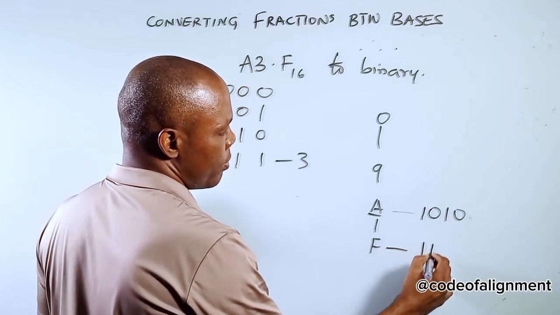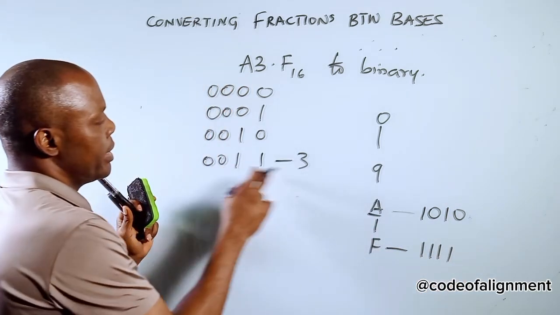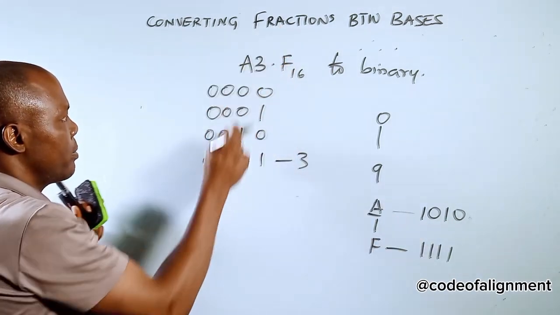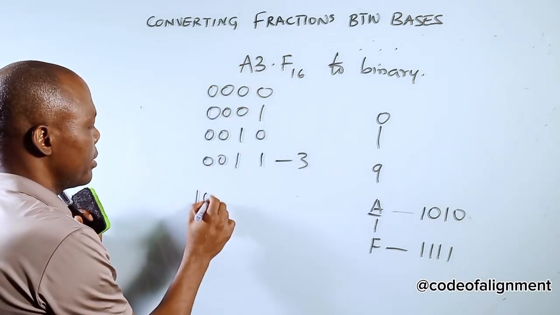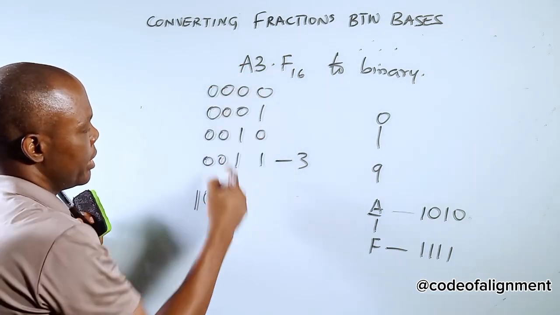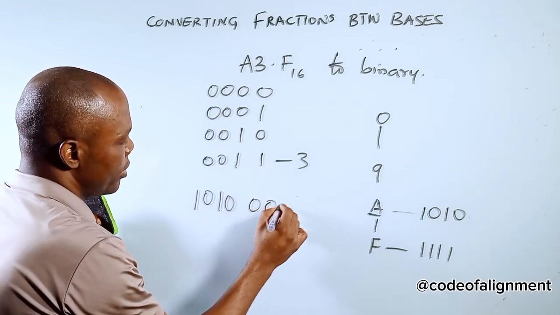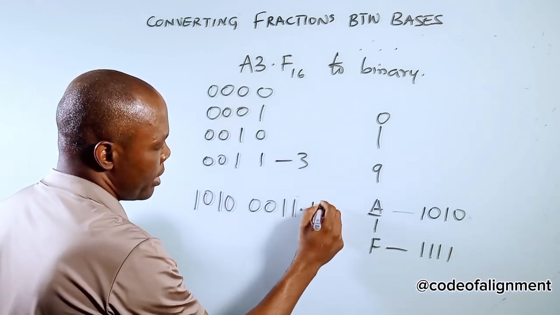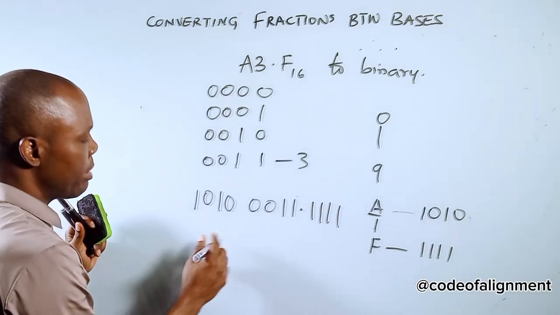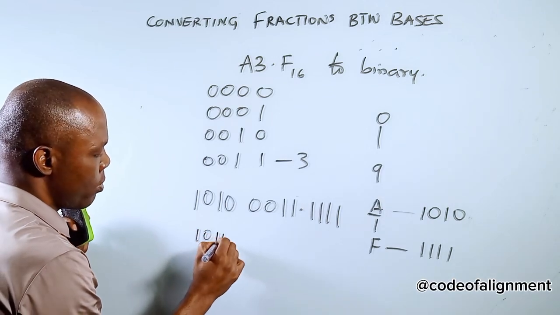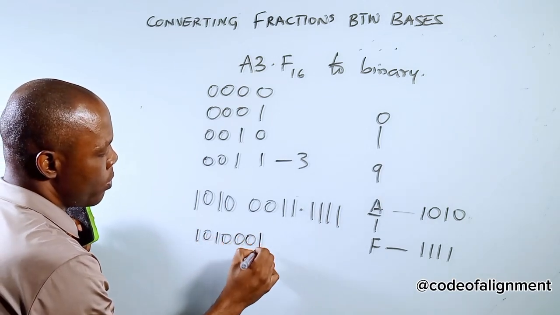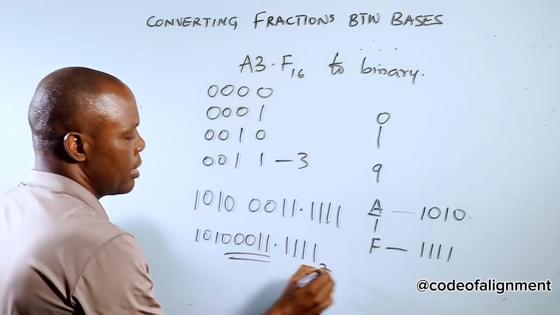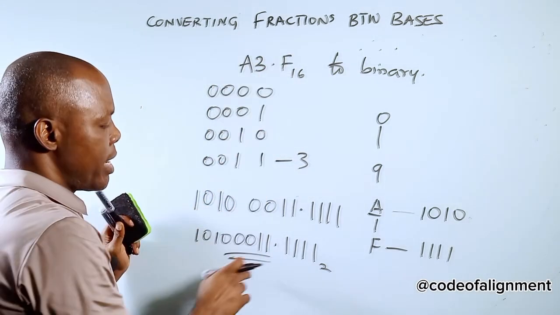F is 1111. And 3 is 0011. So you slot these straight into place. A is 1010, and then 3 is 0011. And then you put this dot here. F is 1111. So join them together. That will give you 10100011.1111. So this is converting hexadecimal to binary.